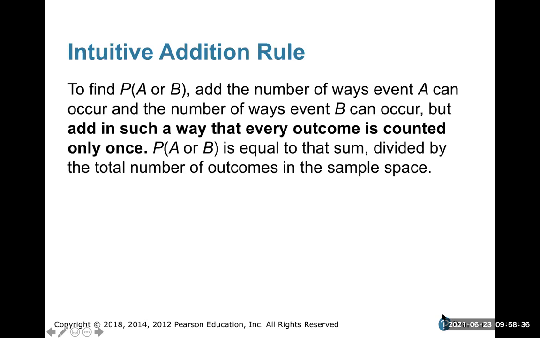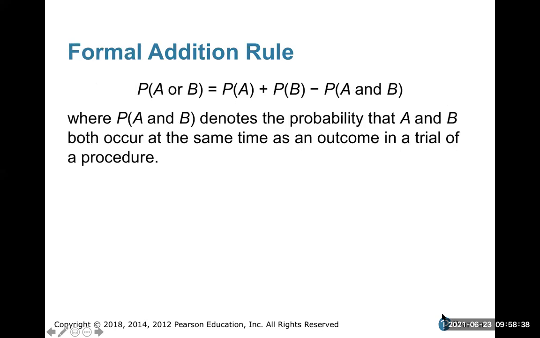So you say probability of A happening plus probability of B happening, minus probability of both happening at the same time. Please write that out because you're going to be counting it twice, so we need to take it out once.